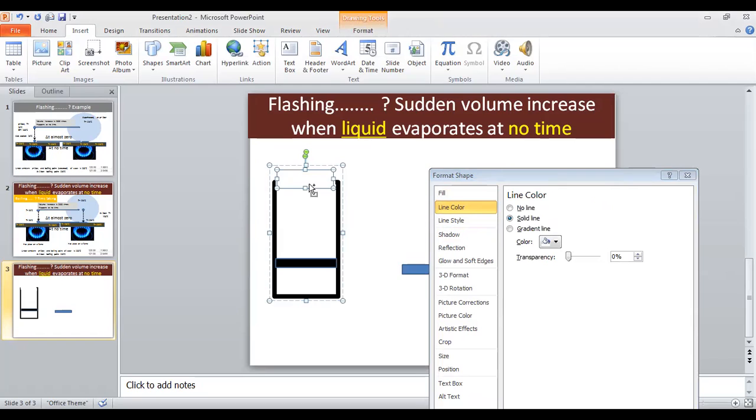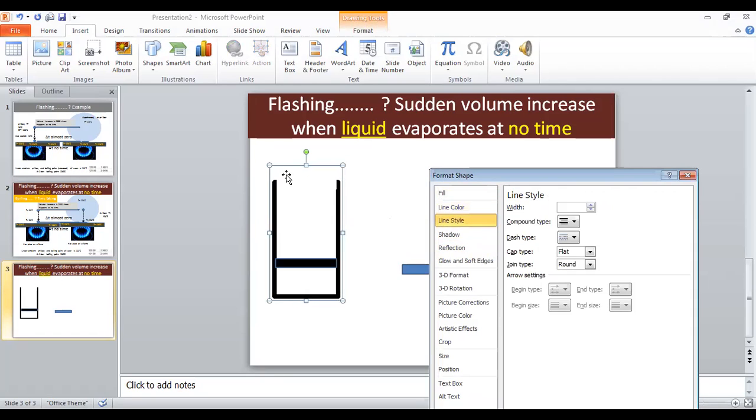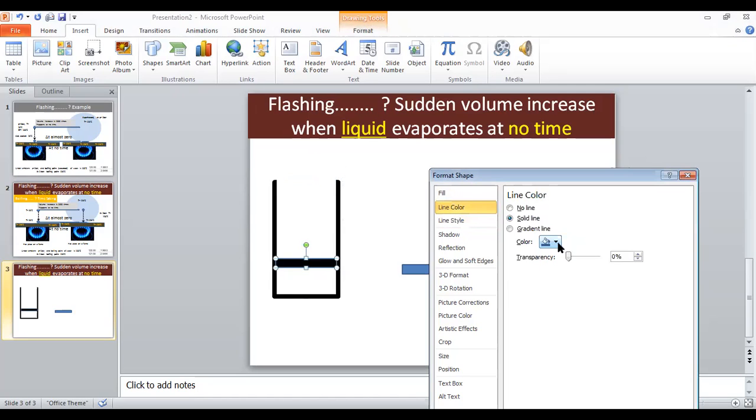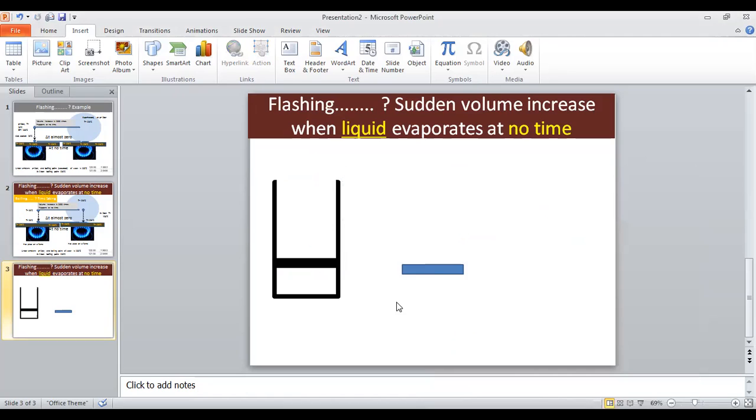Yes, this is the piston. And let's say here there is a little liquid. Okay, that's the little liquid here.